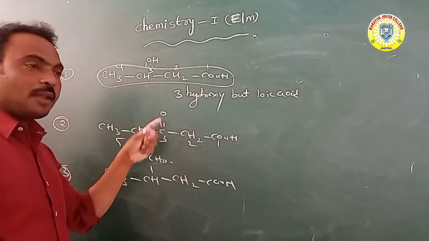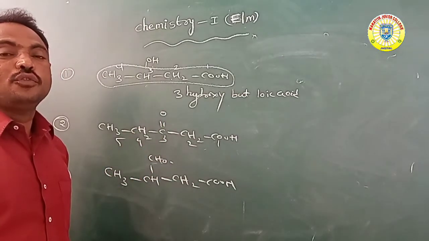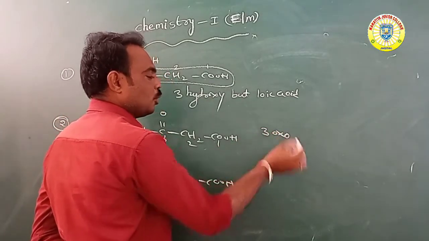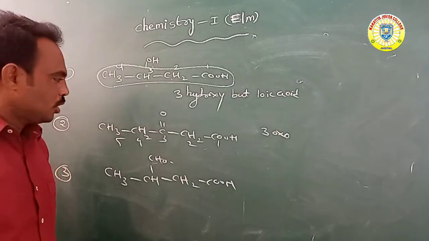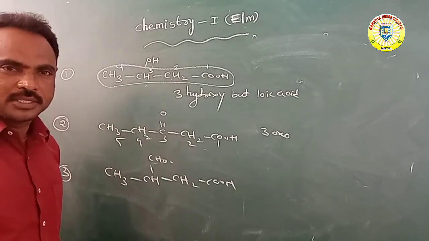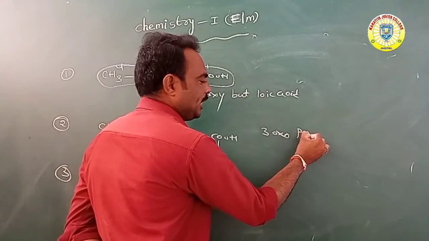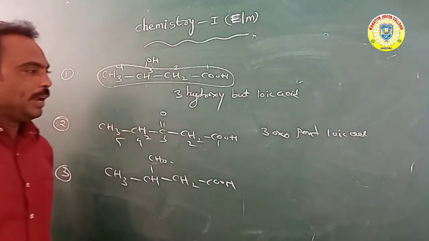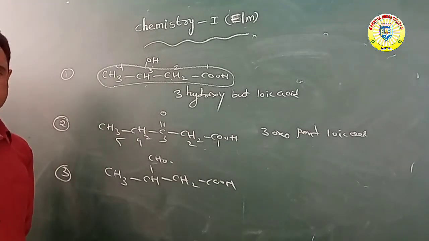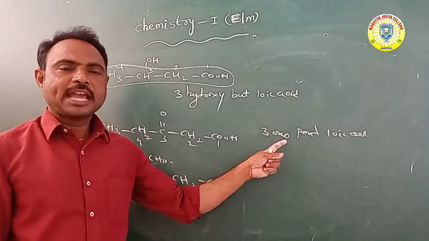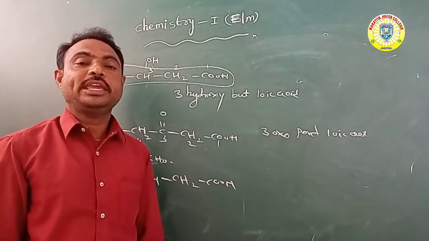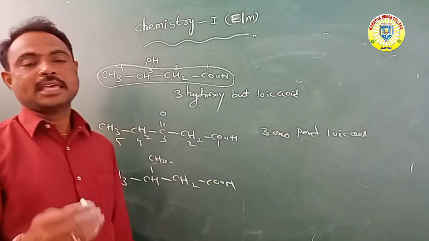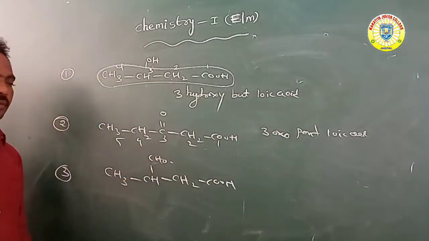Overall, the third carbon is attached with the ketone functional group, so we write 3-oxo. How many carbons? 5 carbons. So overall, pentanoic acid, or 3-oxopentanoic acid.